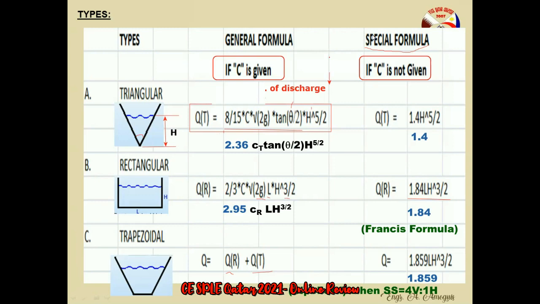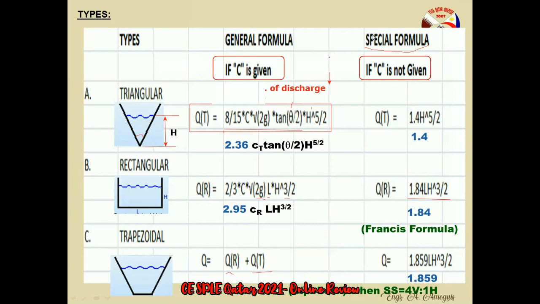Ito yung correction. Halimbawa, ito 1N, ilihiwalay ko na lang. Ito yung 1N contraction.